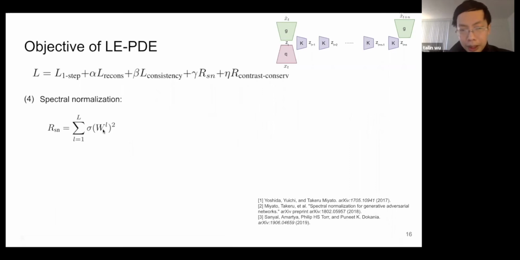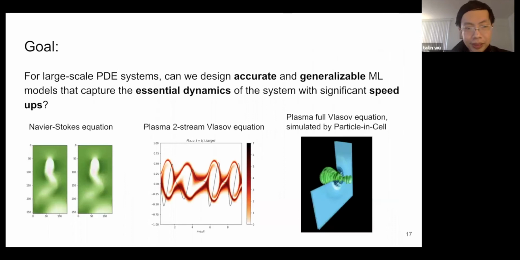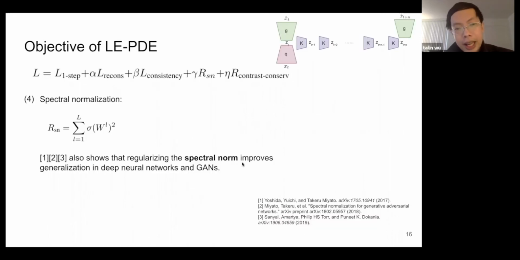By this, it can indirectly constrain the Lipschitz constant and make it not wiggle so much. In these three works, they also show that regularizing this spectral norm can improve generalization in deep networks and GANs. So yeah, this is the 4 components of the loss function. And the 5th one, I will introduce later.